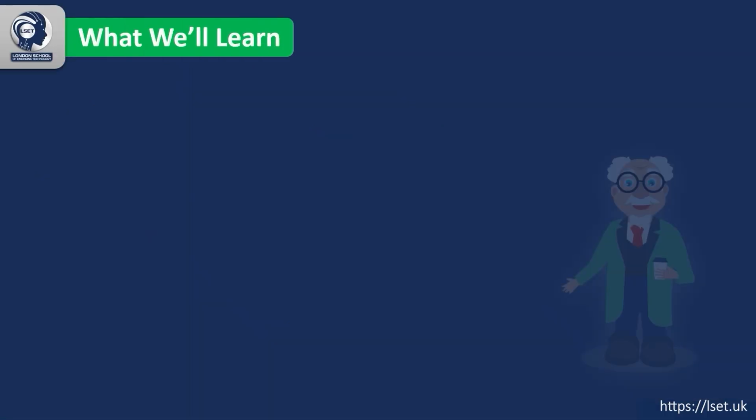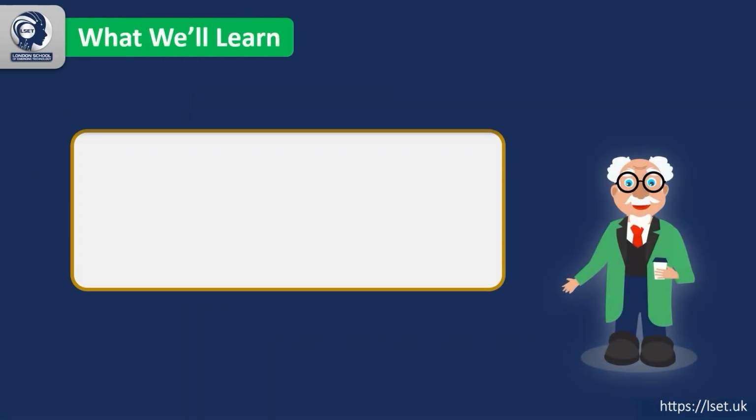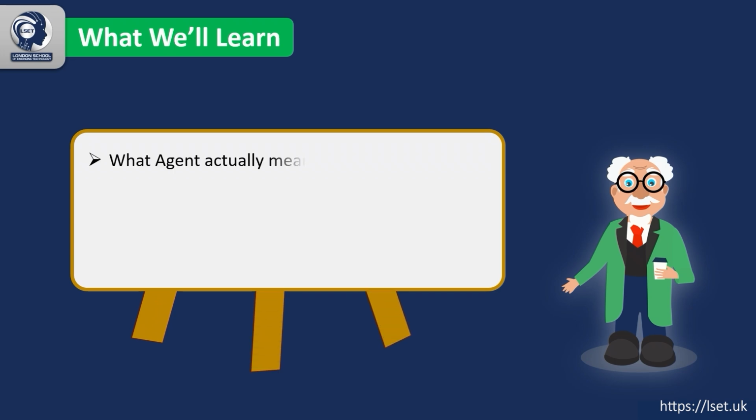Let us get started. In this lesson, we will cover 4 key ideas. First, we will understand what the word agent actually means in the context of artificial intelligence. Next, we will look at where you already use agents in everyday life, often without even realizing it.